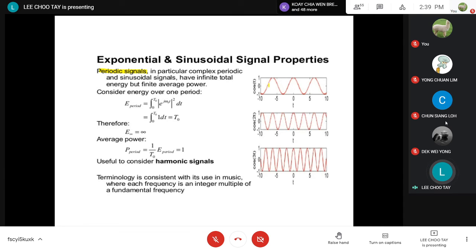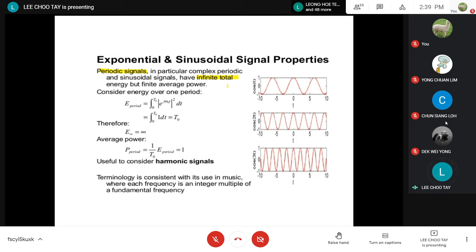Here I give you an example, a sinusoidal wave. A sinusoidal wave is basically a signal that runs forever, so it is infinite, and the total energy is also infinite.